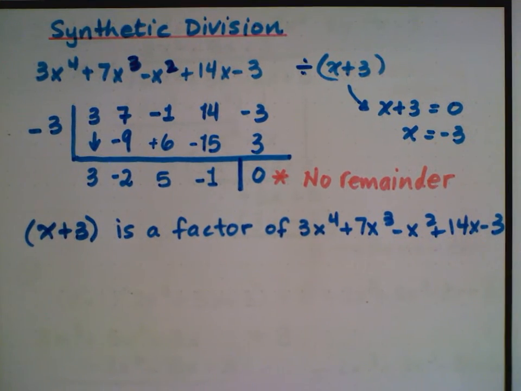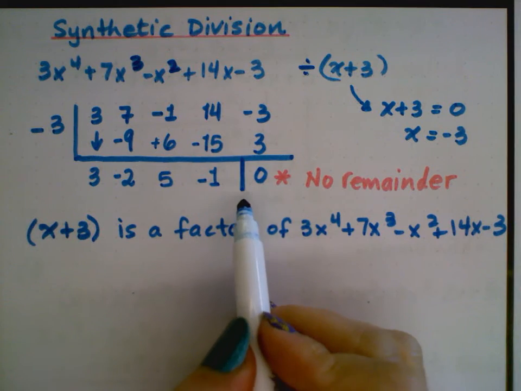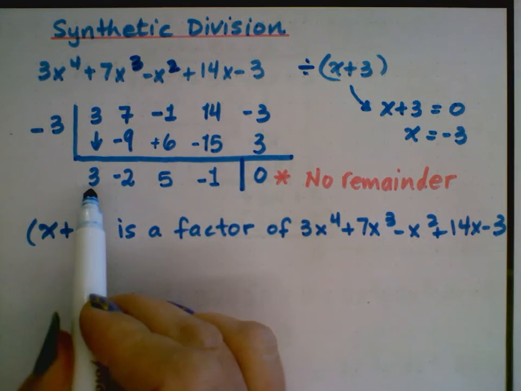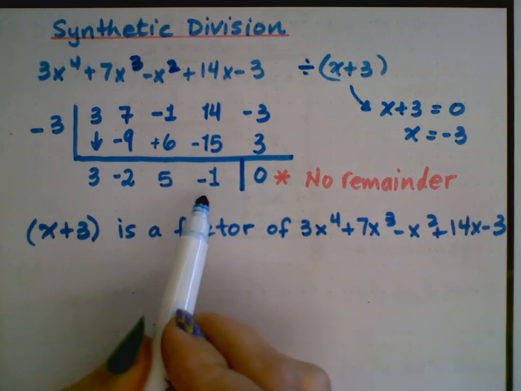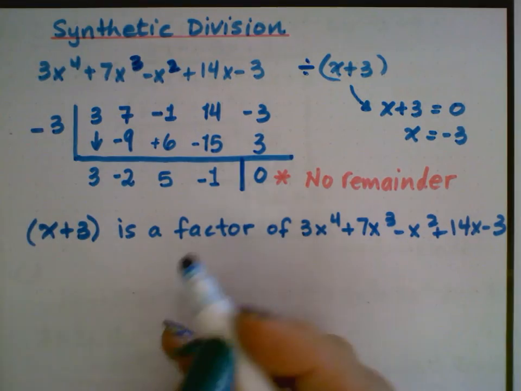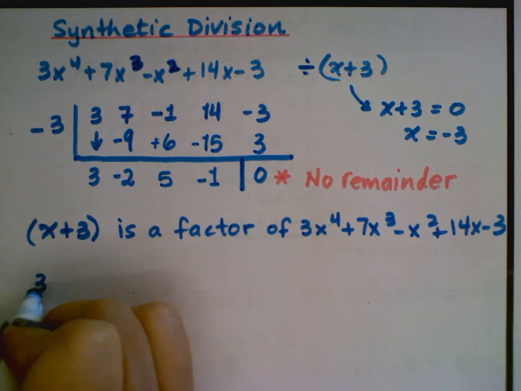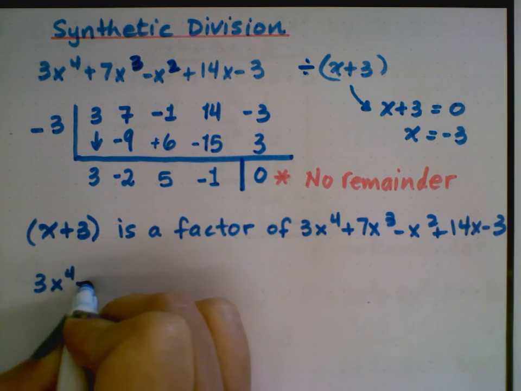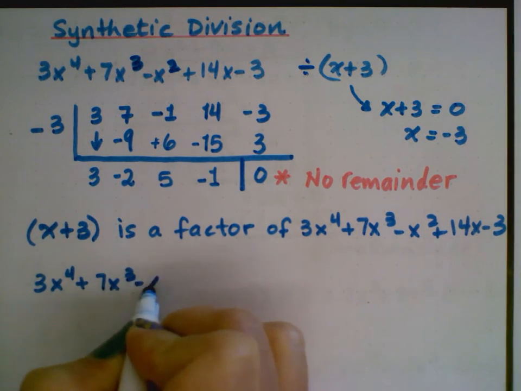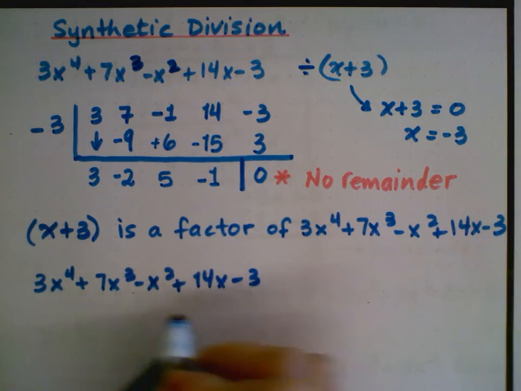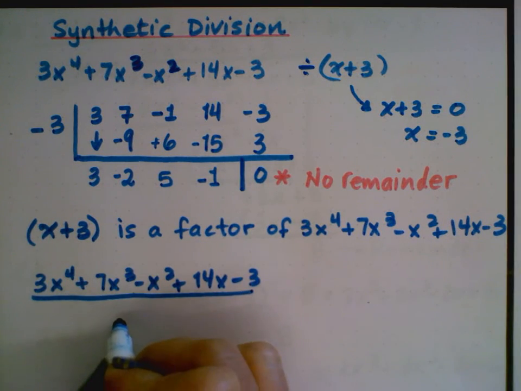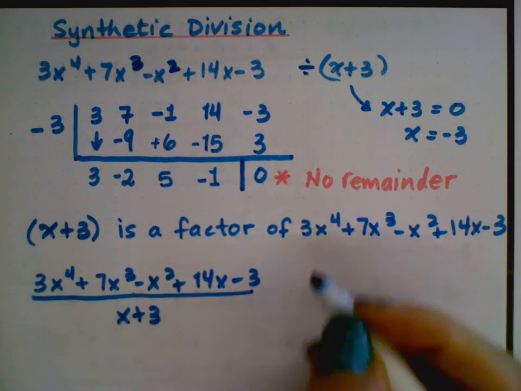But that's not all. In these values that are underneath the bar, there's more information. So the 3, -2, 5, and -1 are actually the coefficients of the quotient, or the answer. So 3x to the 4 plus 7x cubed minus x squared plus 14x minus 3 divided by x plus 3.